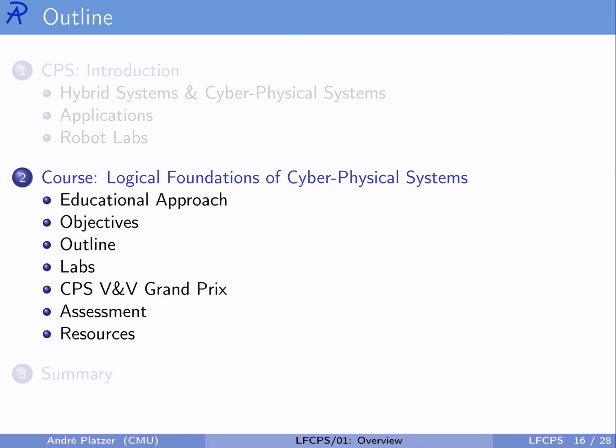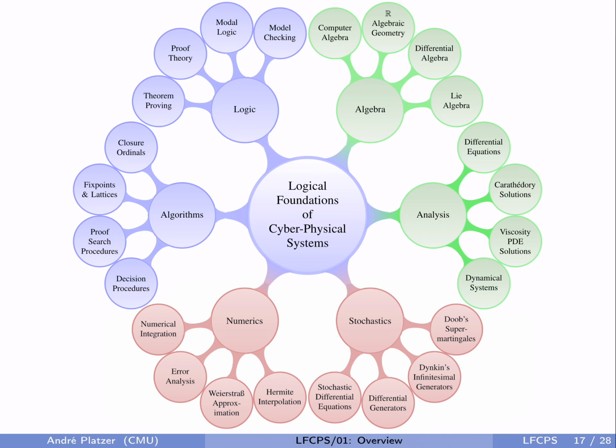After this overview of cyberphysical systems, let me zoom in to the course design for the Logical Foundations of Cyberphysical Systems course. First of all, you will notice that cyberphysical systems bring together many exciting but also non-trivial areas of science.